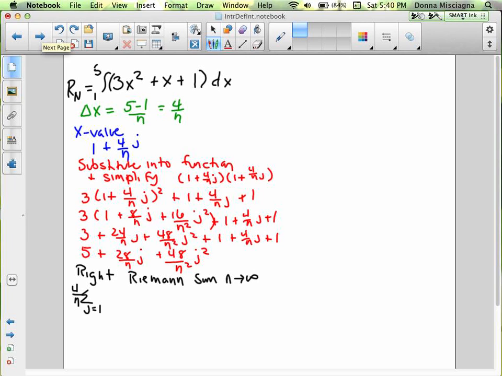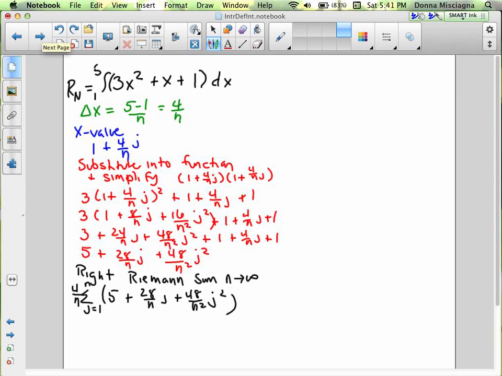We're starting with the first rectangle because this is a right Riemann sum, and we stop at n, which is infinity. And then we have 5 plus 28 over nj plus 48 over n squared j squared. And now we're going to split that.